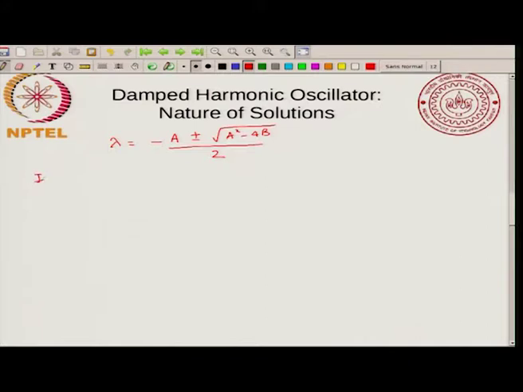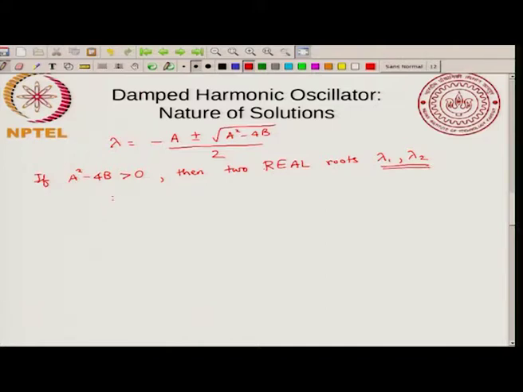If a square minus 4b is strictly greater than 0, then we have two real roots, that means lambda 1 and lambda 2 are real numbers.